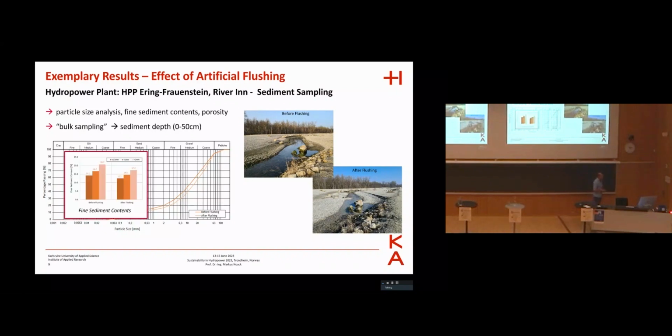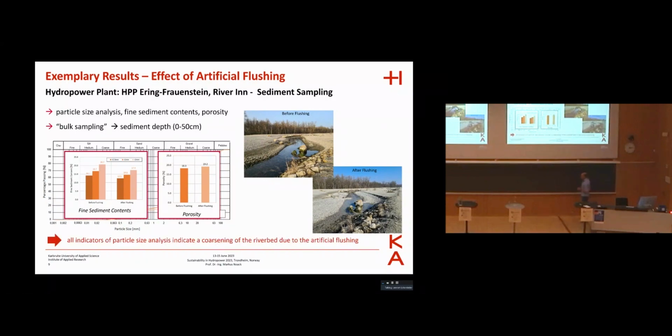Yes, and this is also confirmed if you look at the fine sediment contents, shown here for sediments less than 0.5, 1, and 2 millimeters. They are decreasing due to the flushing, and the porosity is slightly increasing. So more or less we can say, based on the particle size analysis, we get a coarsening of the riverbed due to the artificial flushing.